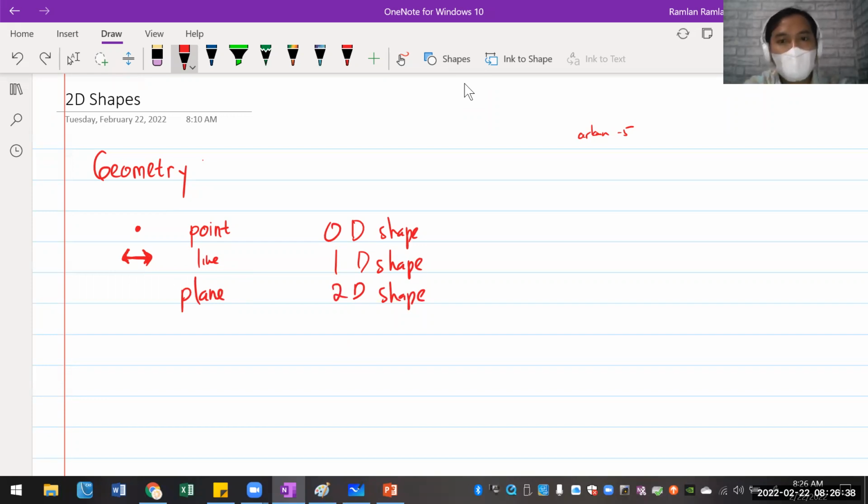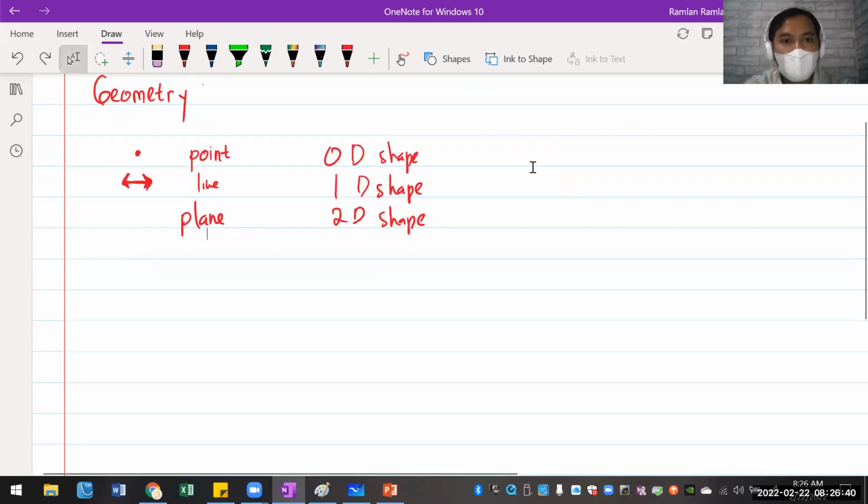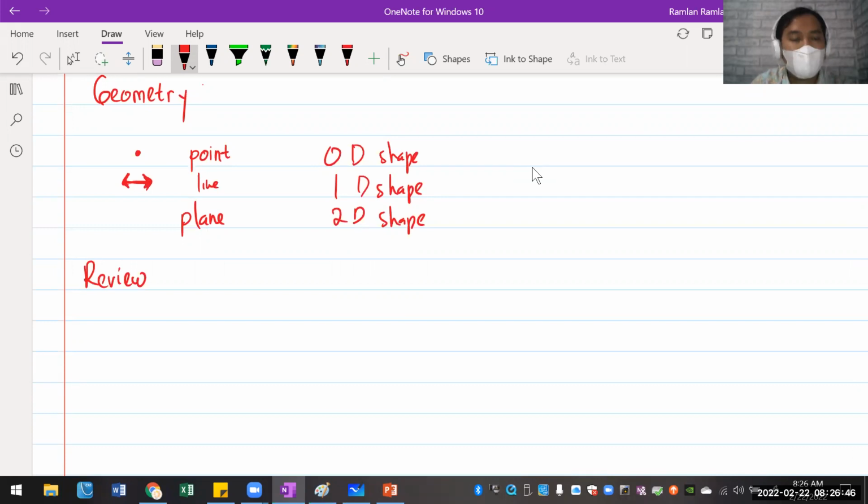Let's review a little bit again. I would like you to mention the shapes that you have already learned in primary school. Silakan mulai. Can you mention one two-dimensional shape that you know?